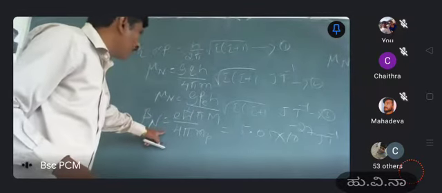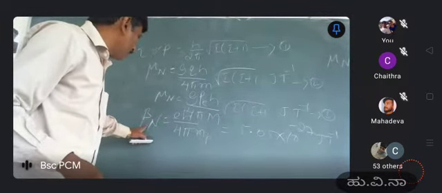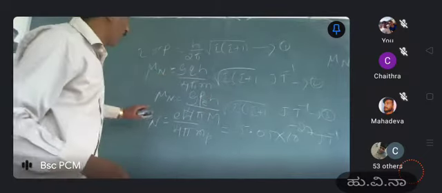Okay, if I consider the same nuclear magneton in equation number 3, what happens?